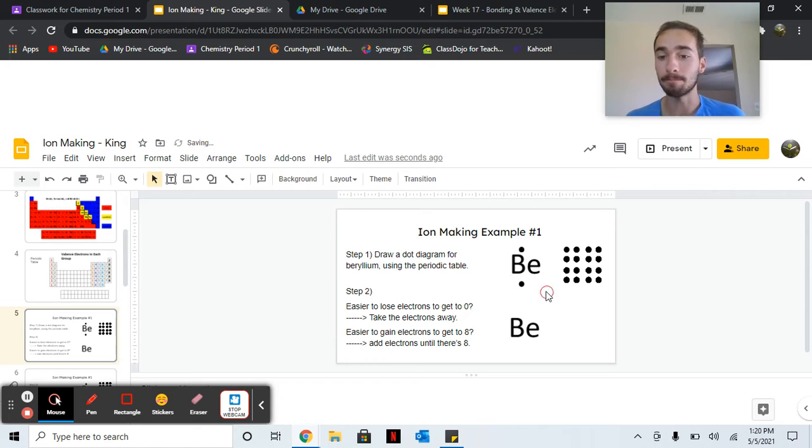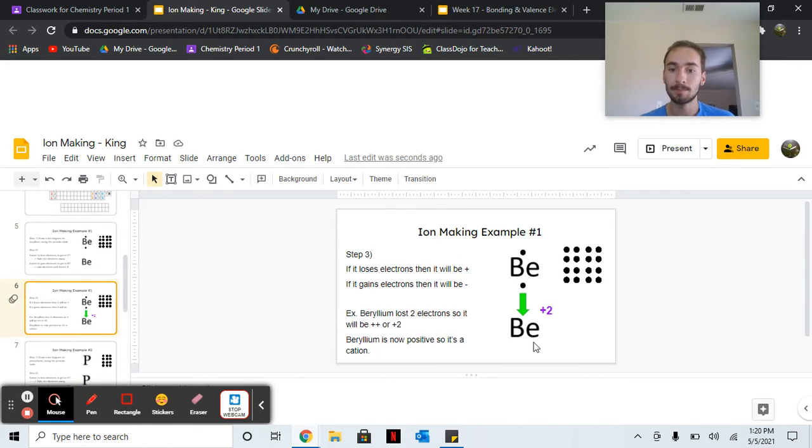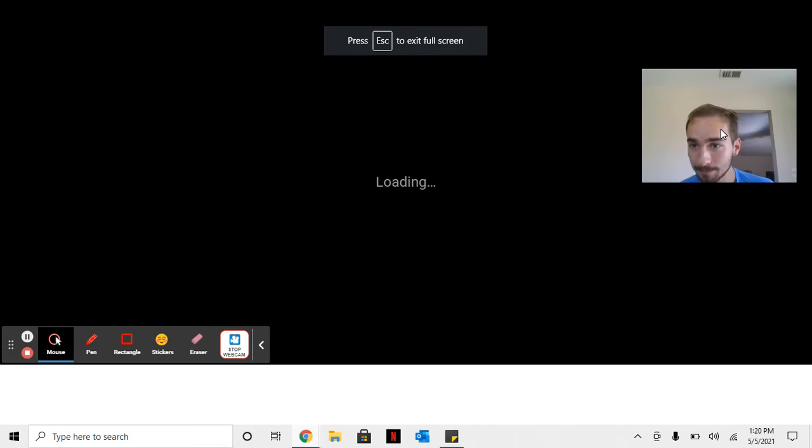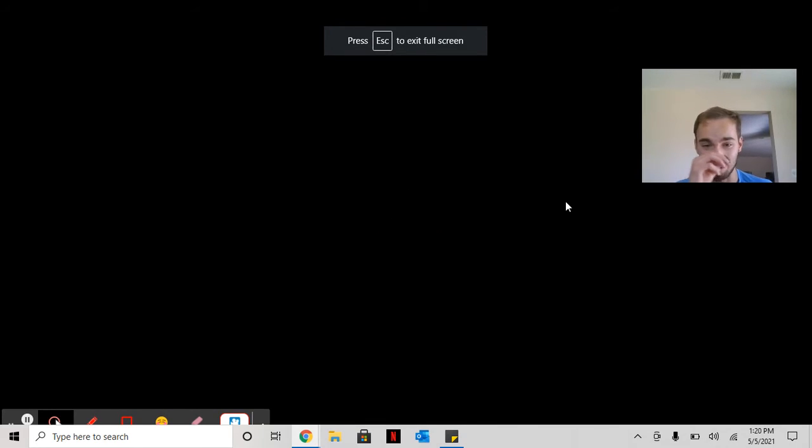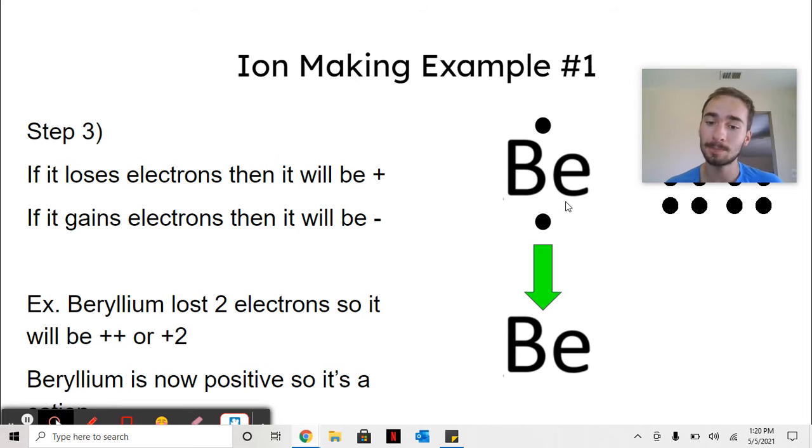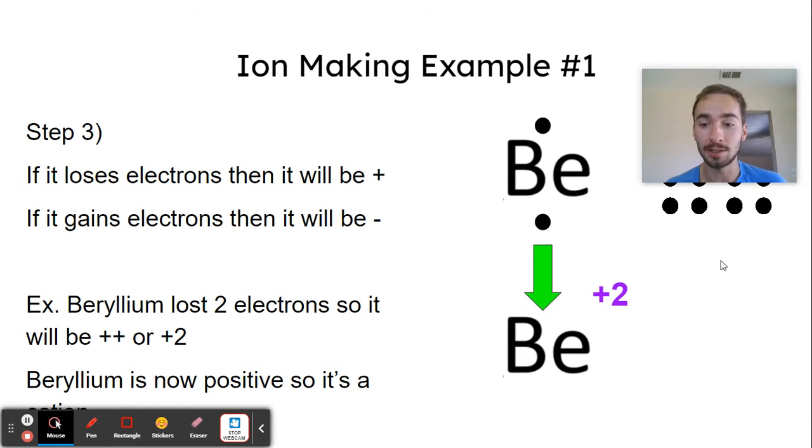But then, now you need to figure out, is it closer to 0 or is it closer to 8? If it's closer to 0, beryllium will lose 2 electrons and go back down to its last orbital. So beryllium lost 2 electrons because it's closer to 0. It's easier for beryllium to lose electrons. So when it loses electrons, which are negative, if you lose negative things, you'll be positive.